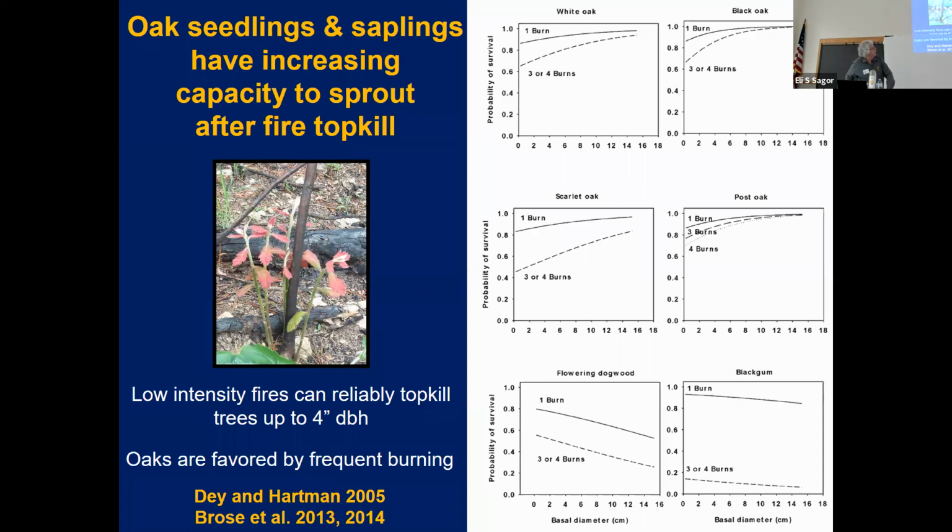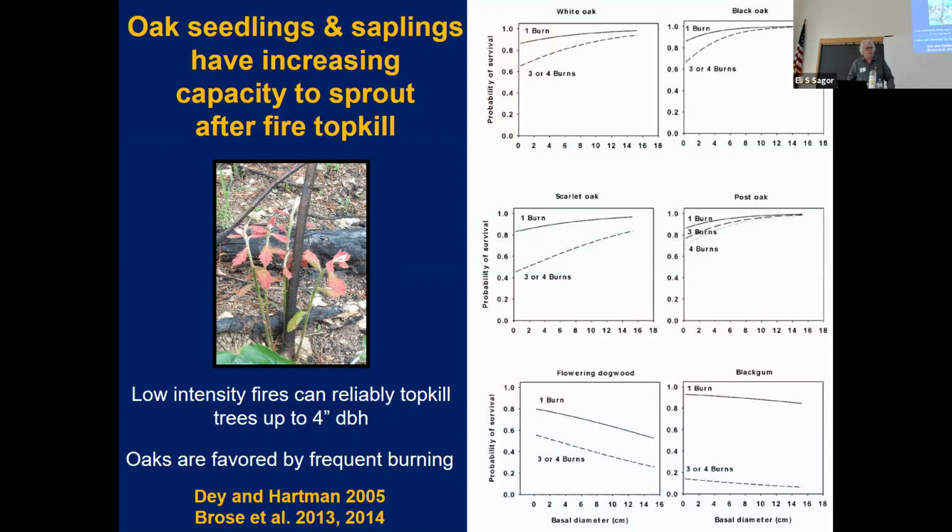And if you look at the diameters there, that's in centimeters. At about 2 centimeters basal diameter on an oak seedling, you have a fairly high probability of surviving repeated fires. That's about an inch in diameter.